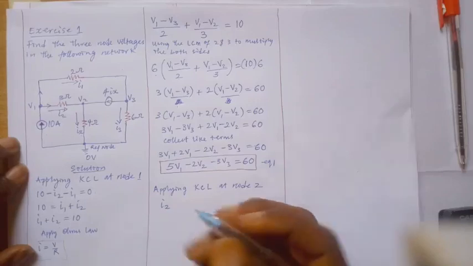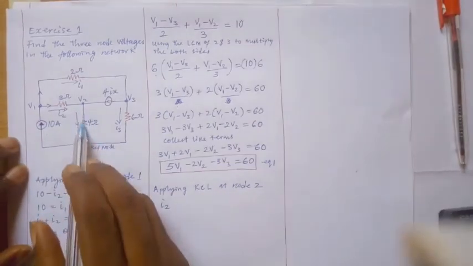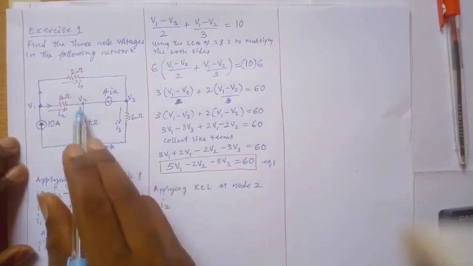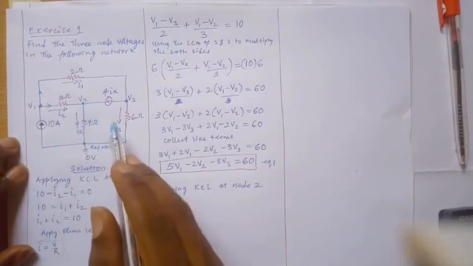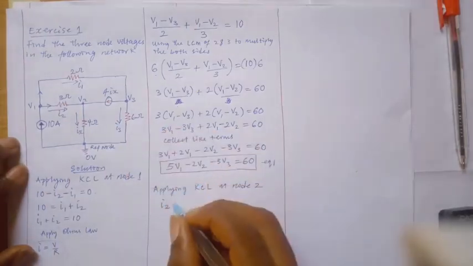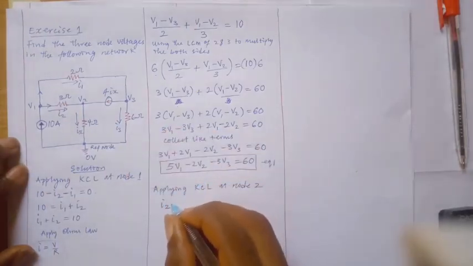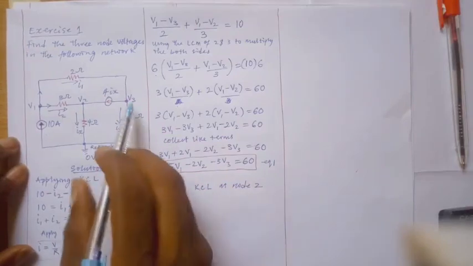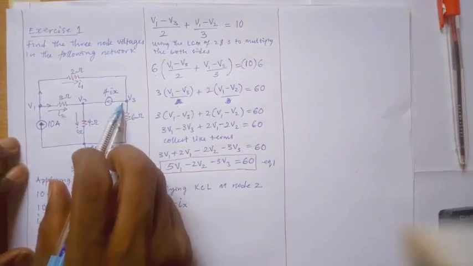Positive, plus. Then let's look at Ix. Is it entering node 2 or leaving node 2? It is leaving node 2. That will be minus Ix.